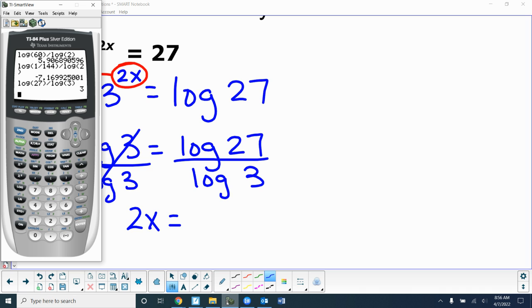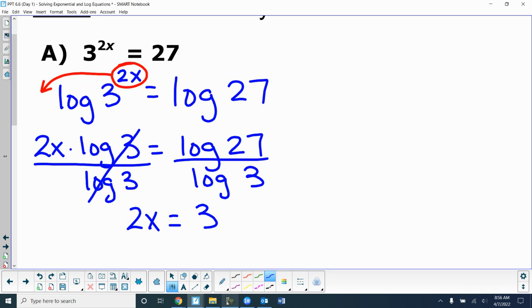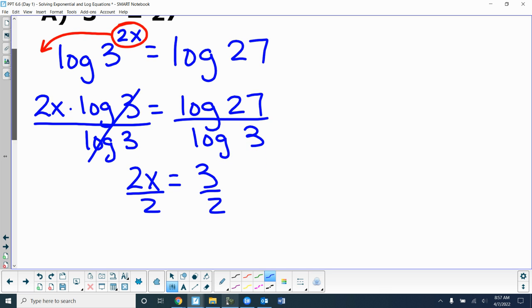That equals 3. So what's the answer to the problem, Emma? You don't know how to get x by itself? Yes, divide by 2. So it's 3 over 2, which is 1.5, right?